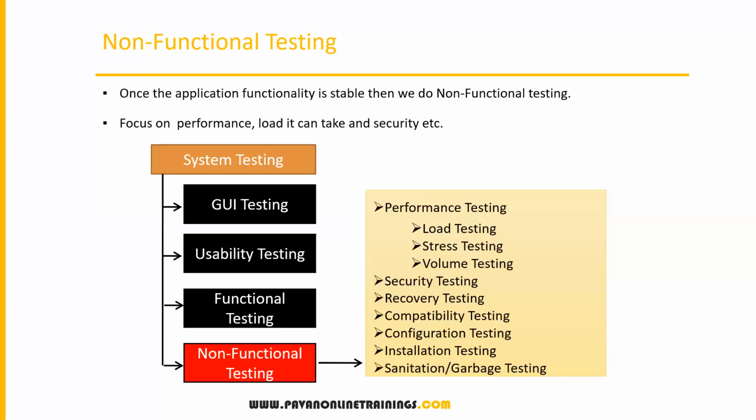Now you understood the difference between requirement and expectation. Requirement is nothing but some feature to be there in the application, and expectation is how I, as a user, am expecting the application to work. It should be safe from hackers, it should respond quickly, and it should be able to install in multiple environments.